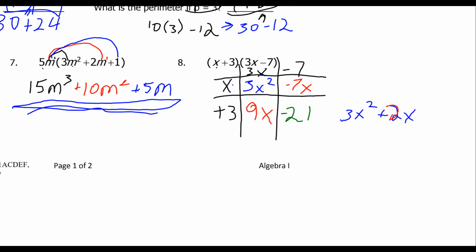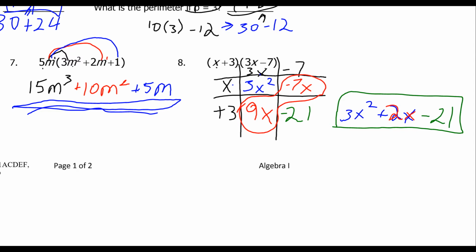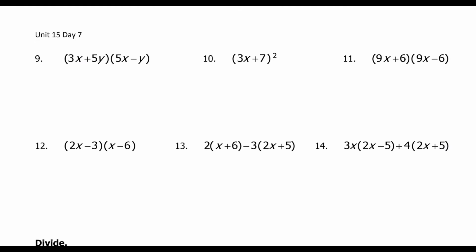Let's do that in red. 2x minus 21. And there we have it. Now, the 2x came from me combining these two terms right here. And there we have it. Alright, now this is the second part of this. So, we're just continuing along with multiplying these things together.